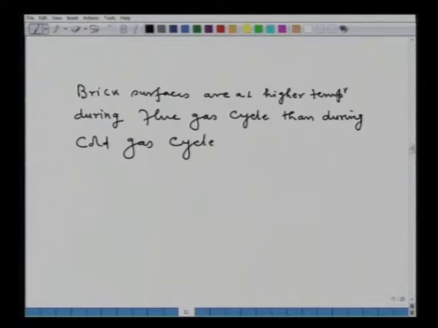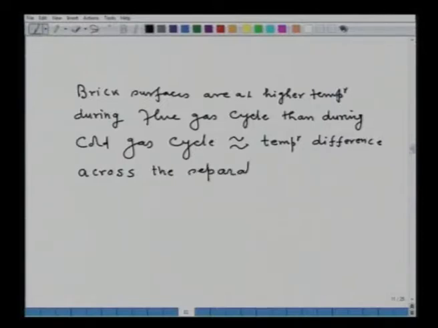And this temperature difference is approximately equal to the temperature difference across the separating wall in a recuperator.